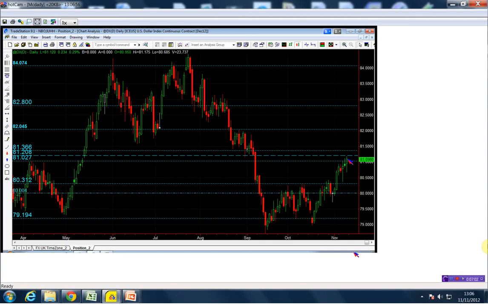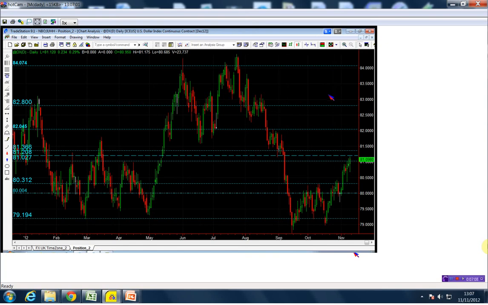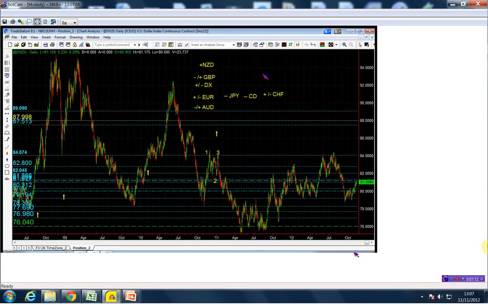So based upon that, we're looking to be buyers of the US dollar. Okay, so we are going to change that. And the dollar will be the one we're looking at buying.